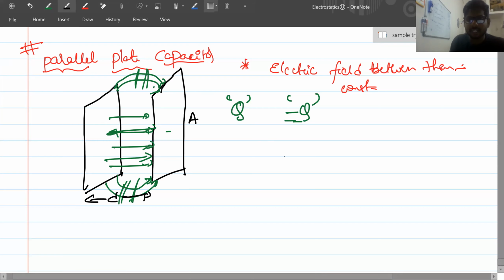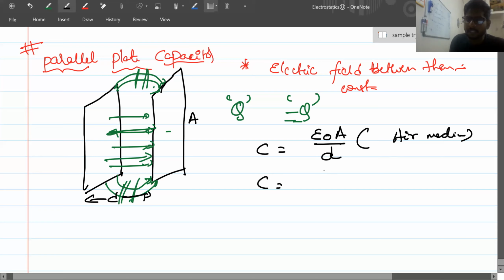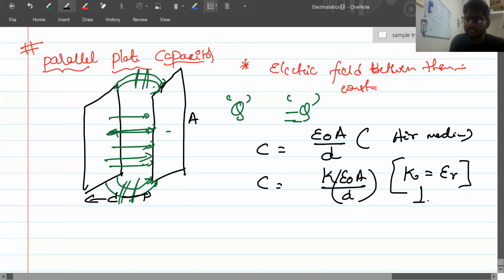So with the fringe effect neglected, the capacitance will be epsilon naught A by d if it is in air medium. If it is any other medium, it will be K epsilon naught A by d, where K, or epsilon R, is the dielectric constant of the material.